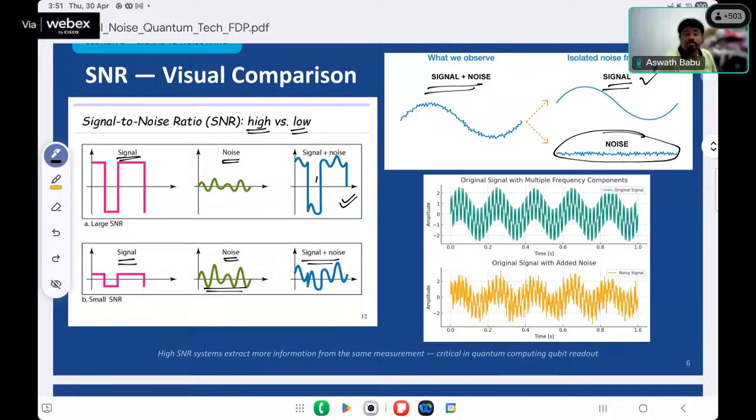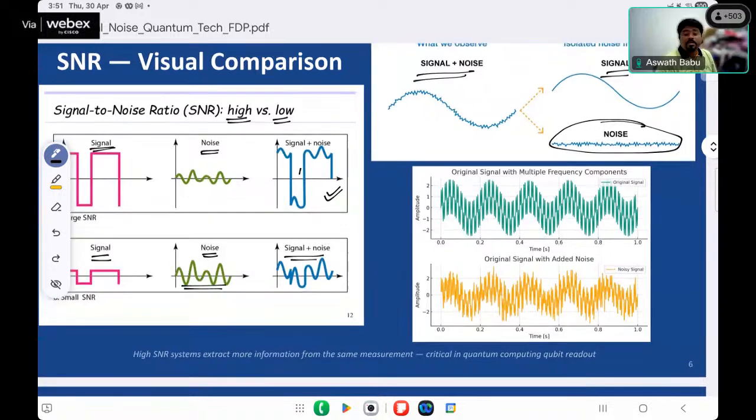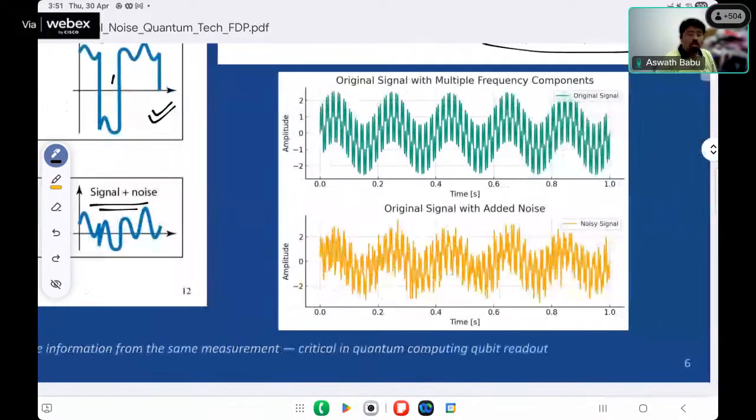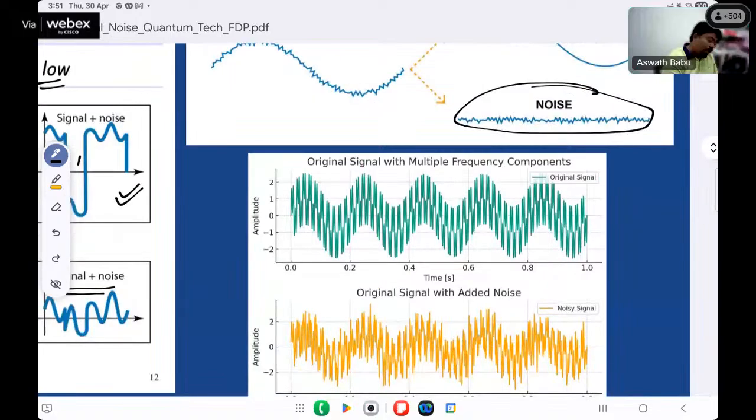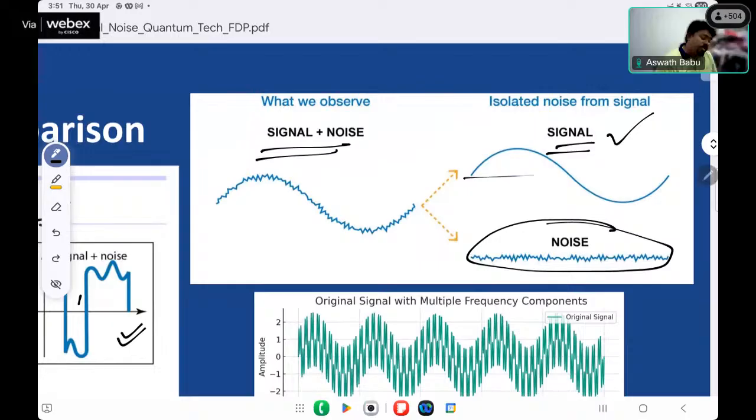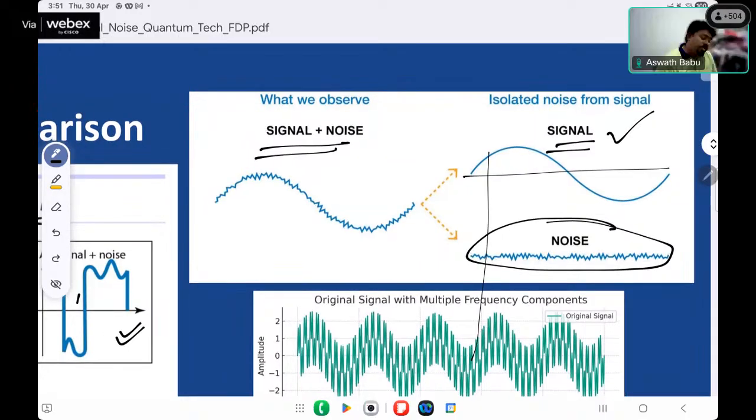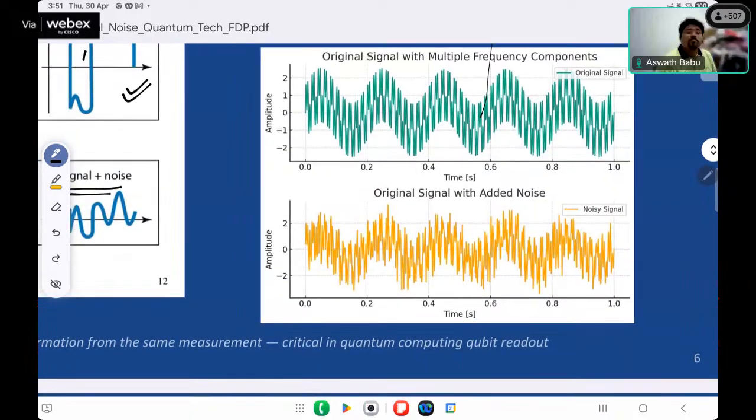Okay, fine. And here we have something for you. Original signal with multiple frequency components. Here I have shown you one single frequency, but let's say my signal has multiple frequencies.